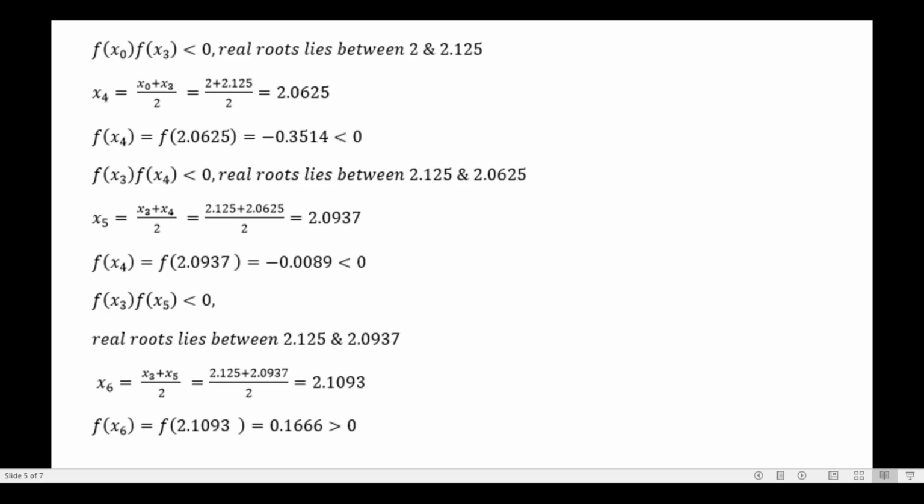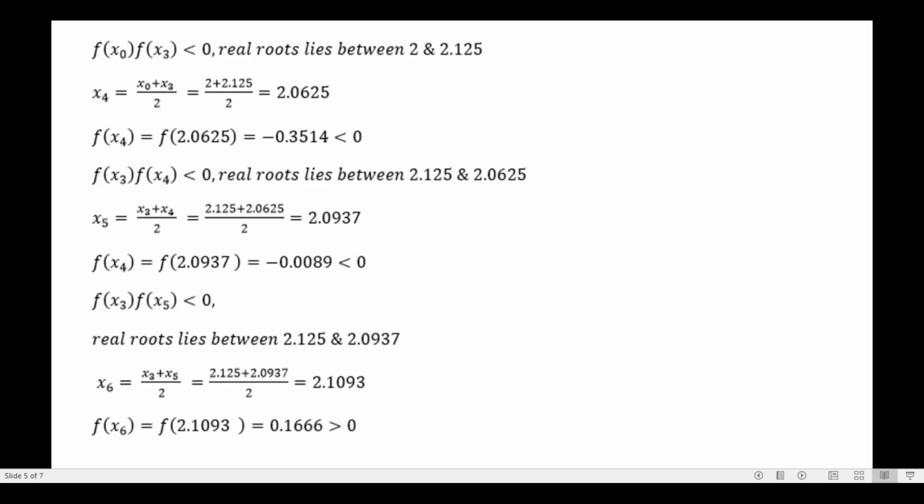That means 2.125 plus 2.0625 divided by 2, which equals 2.0937. At this value we take the functional value, f of 2.0937, which equals minus 0.0089, which is less than 0. Here the functional value we got is less than 0.